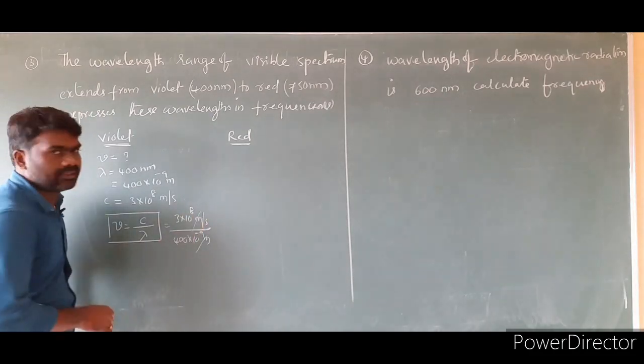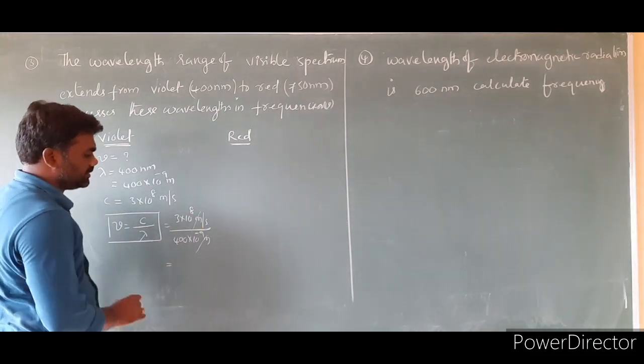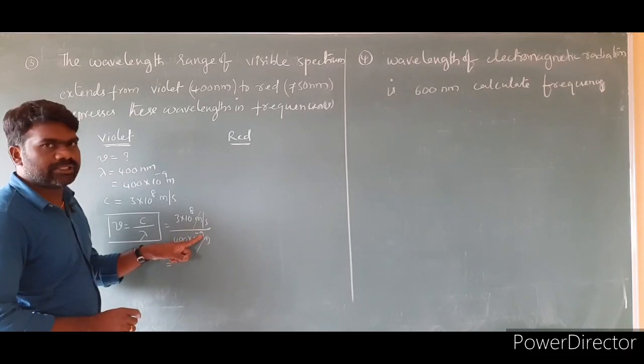Then meter cancels. Upon simplification, 2 zeros and 10 power minus 2 are cancelled.